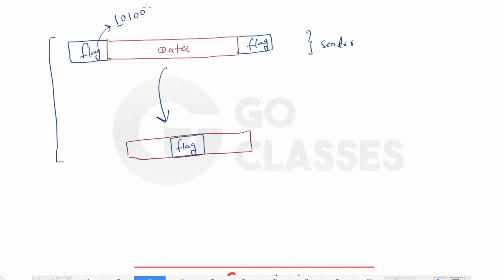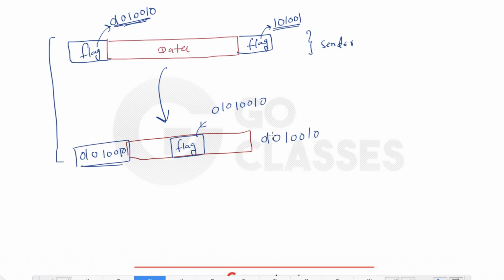Let's suppose this is my flag, 101001. Generally it's 8 bits or 1 byte, so let's take 8 bits. This is my flag, 10101010, and this flag is also present inside the data, 10101010. So I have appended these flags to the data, but here the data itself is containing a flag.